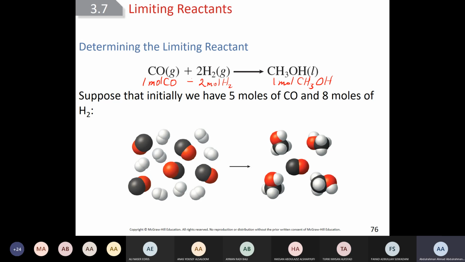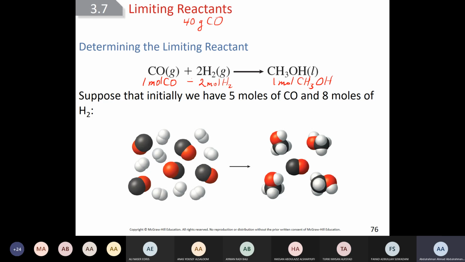Now the question. Let's assume that I have 40 gram CO. How many grams of hydrogen do I need to react with it? Do your calculation.